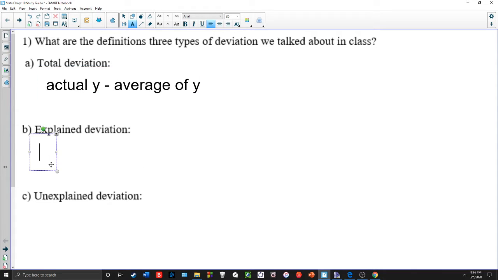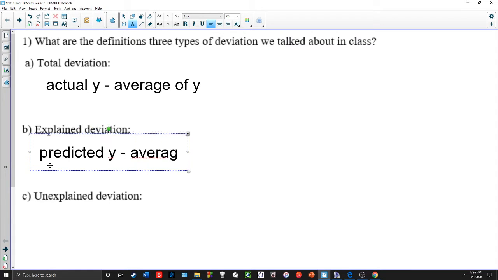The explained deviation is how far away our predicted y value, our regression line y value, was from the average, so minus average. So how far off from the average was our prediction based on our regression equation? And the unexplained deviation is the other part.